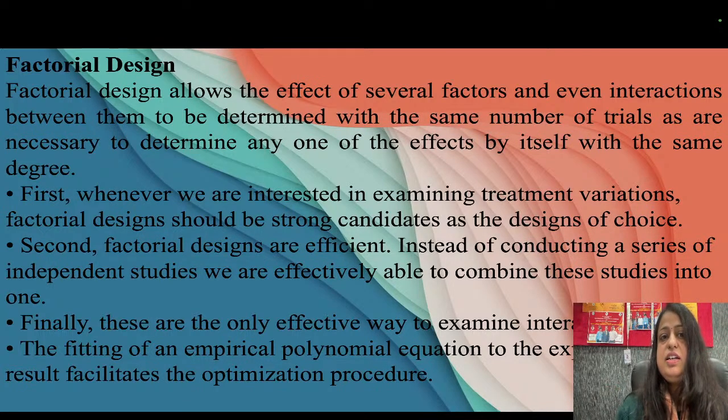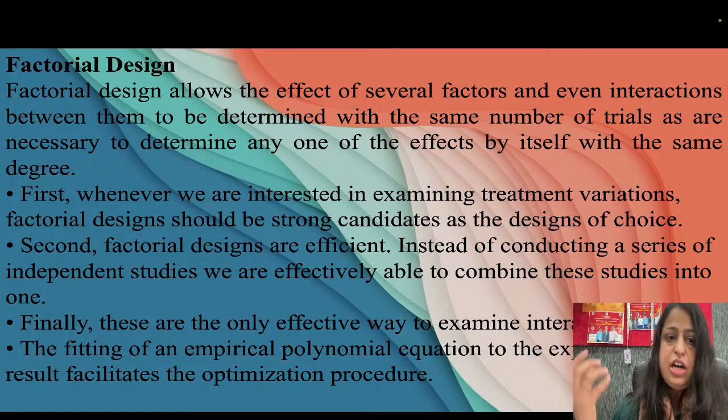What it does is allow the effect of several factors and even the interaction between them. By using this statistical tool, we can see the responses of individual factors. Many factors we can take, as I told you: we can take 2 factors, we can take 3 or more than that, and it depends on our experimental conditions.